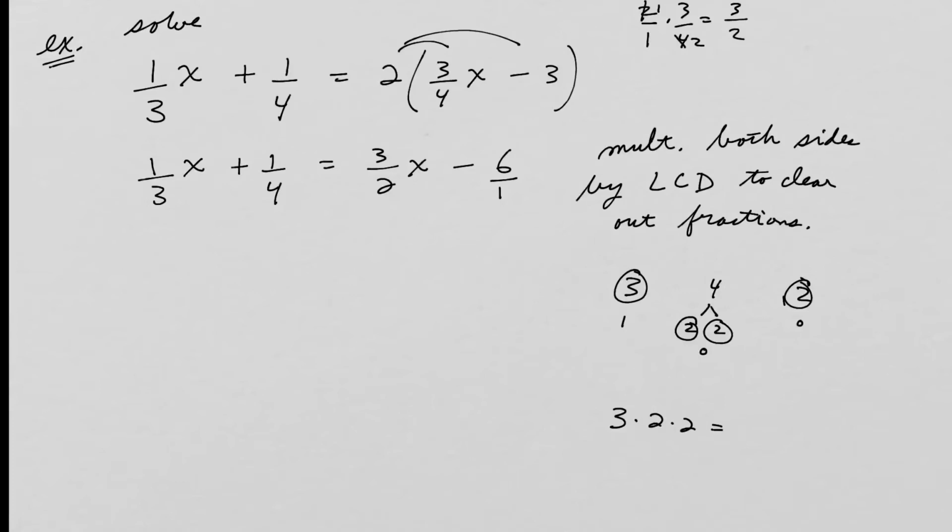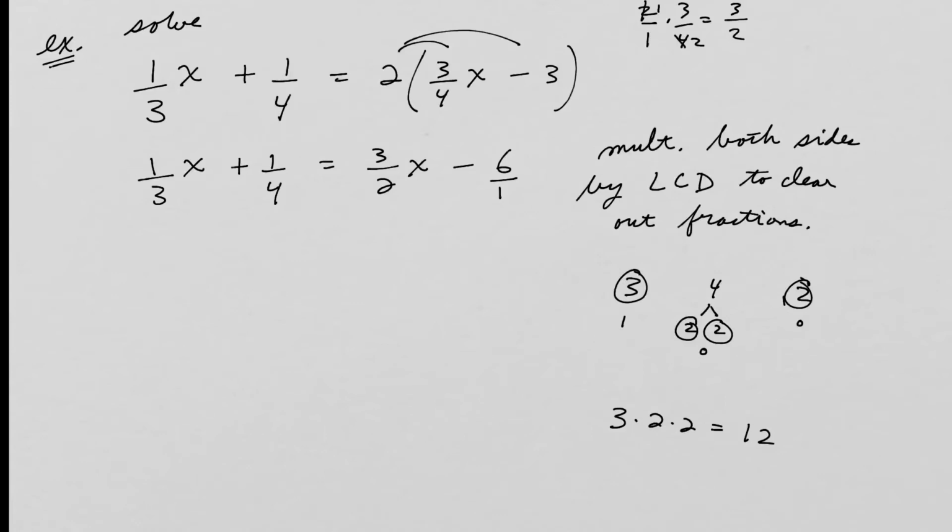When I multiply all those together, that will be my lowest common multiple of those numbers, which in this case is the lowest common denominator. So what's 3 times 2 times 2? That's equal to 12. So 12 is my LCD, the lowest common denominator. Now what you want to do is multiply both sides by 12.